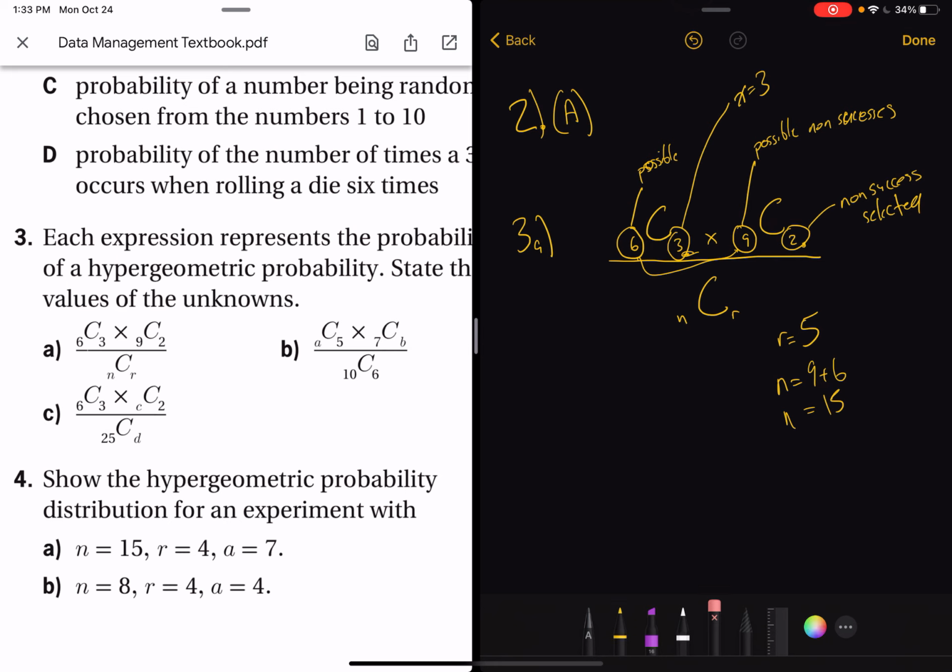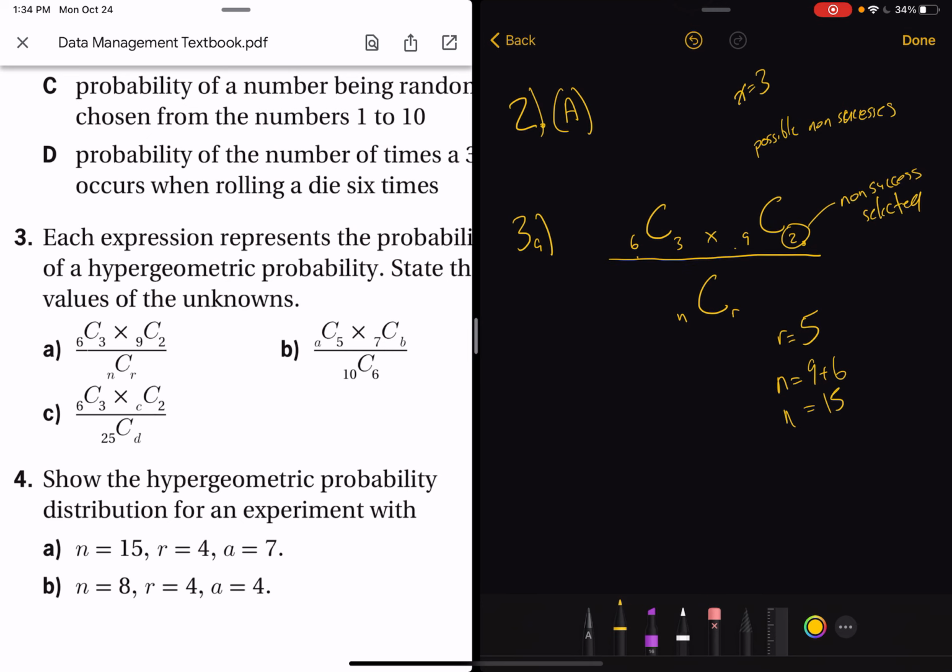Now let's take a look at how I did that again. When we calculated this, this is the number of successes, and we're choosing 3 successes. This is the number of non-successes we're choosing that we selected, so we're choosing another 2 out of 9.